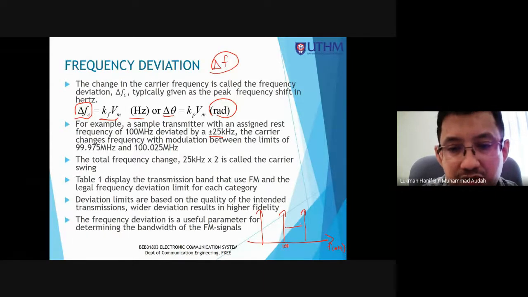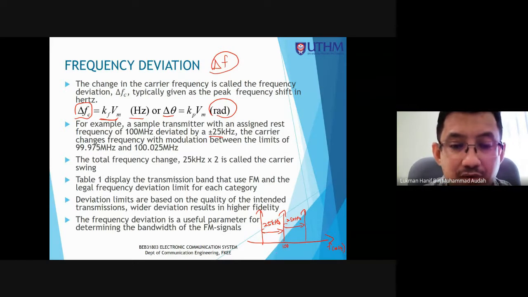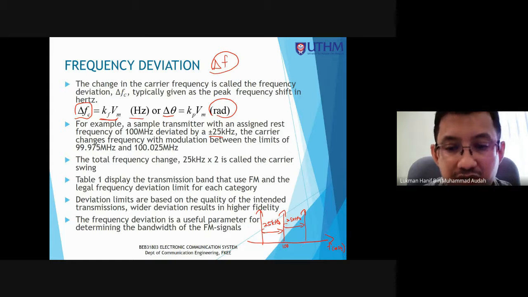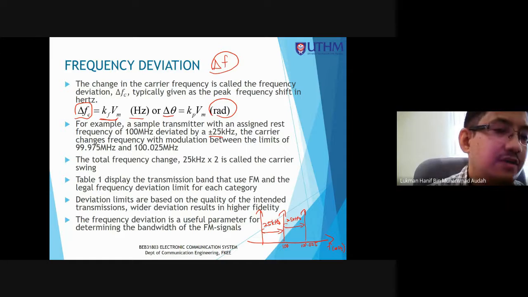So that means this is 25k, and over here is also 25k maximum. So berapa frekuensi maximum and minimum? How much is the maximum frequency and how much is the minimum frequency? So here is 100.025 because this is 25 kilo.